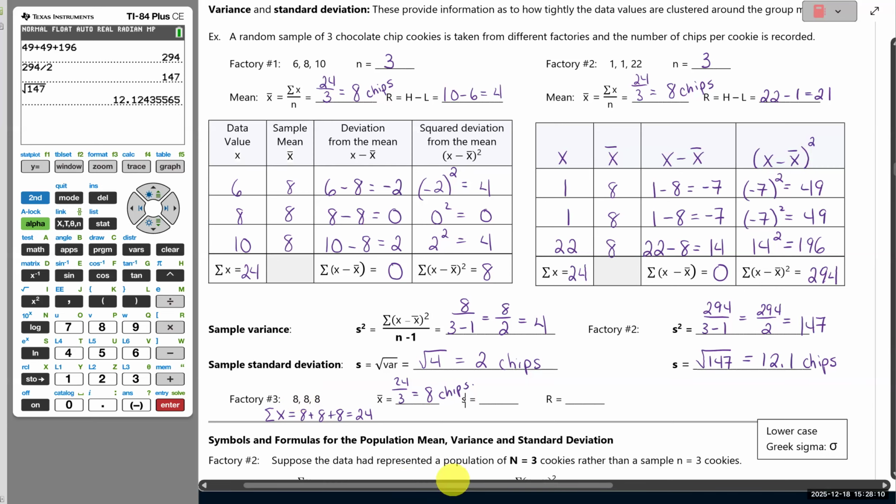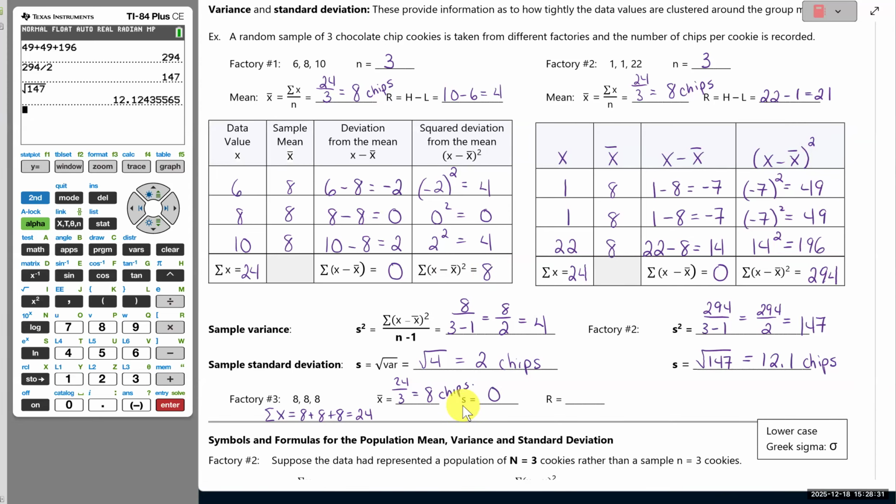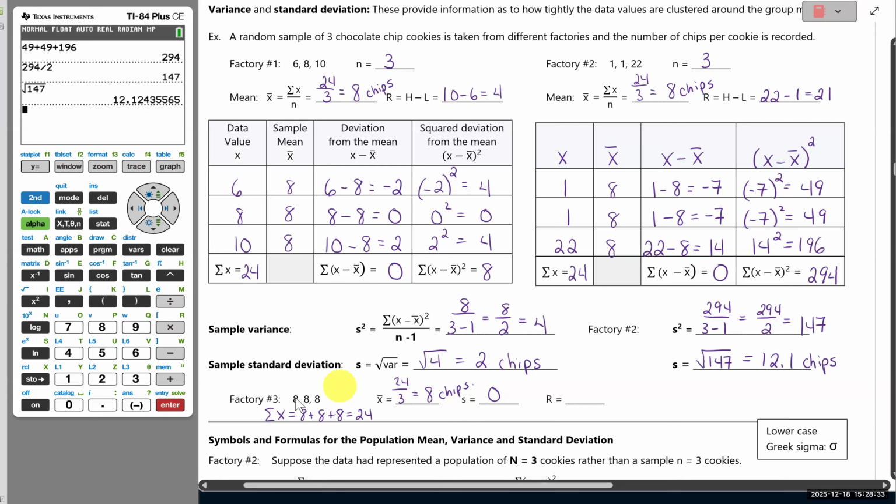All right, so what about standard deviation and range? Let's talk standard deviation. So if I had a table here and every one of these values was an 8 and the mean was an 8, that means everything in the table would be a 0. So when we add things up, we're going to get 0 everywhere. So a standard deviation of 0 always indicates that there is no variation from the mean.